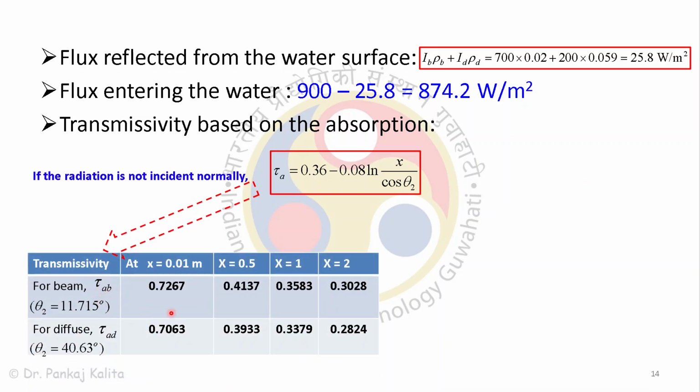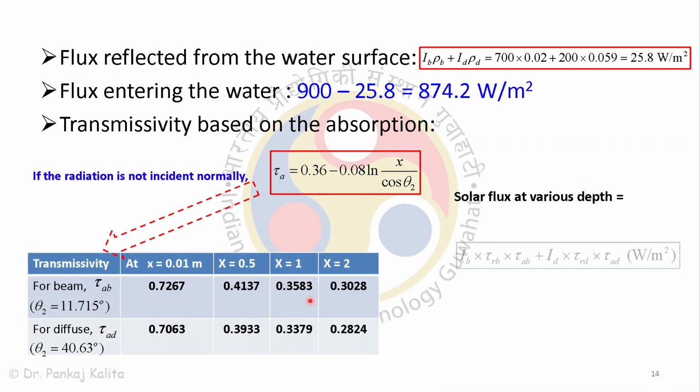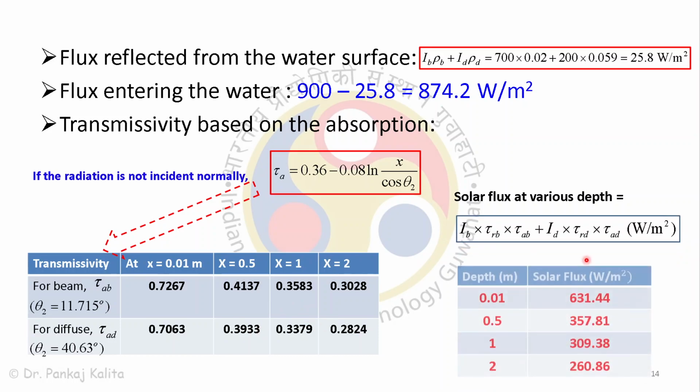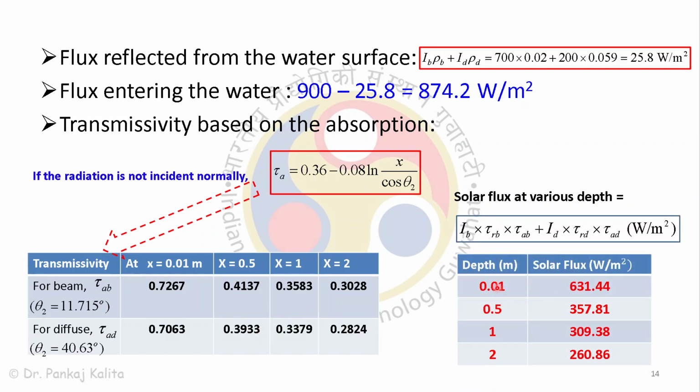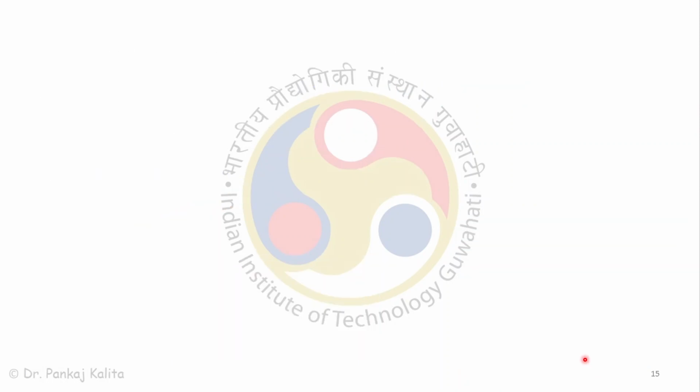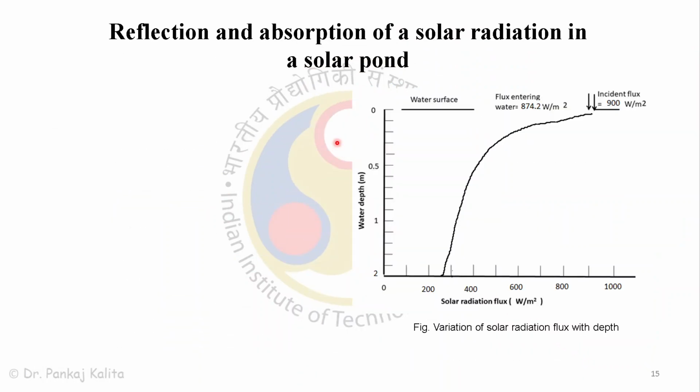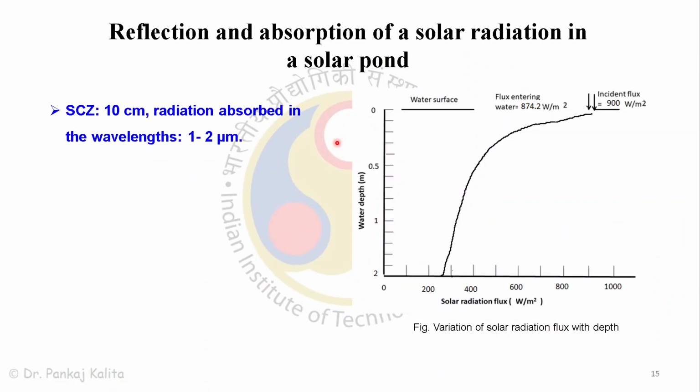Based on the transmittivity, you can calculate the solar flux at various depths. You can see that with depth, the solar flux is getting down. The incident flux was 900, then it goes down and down as the water depth increases.